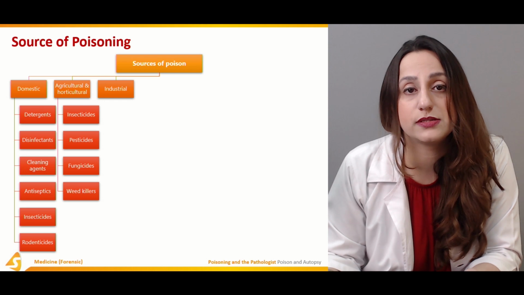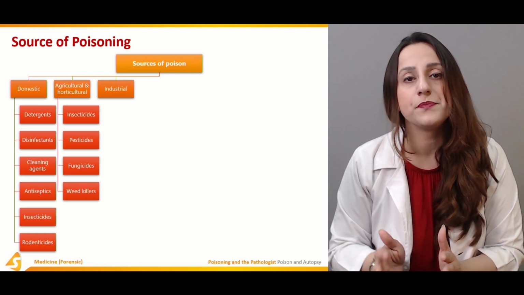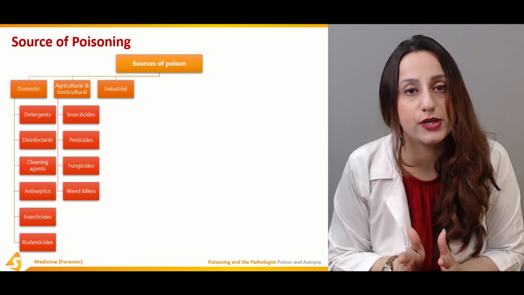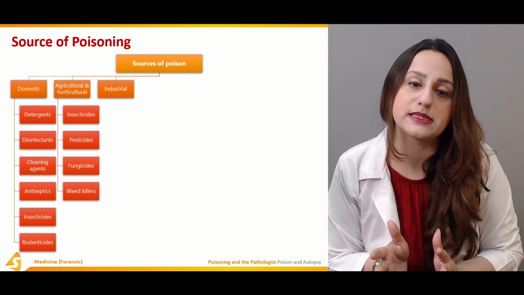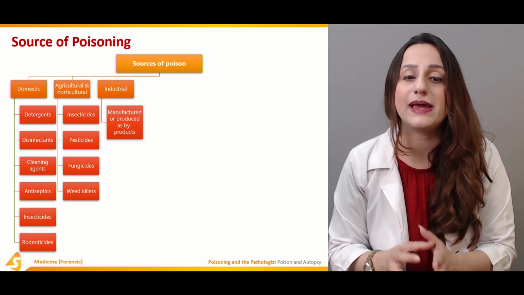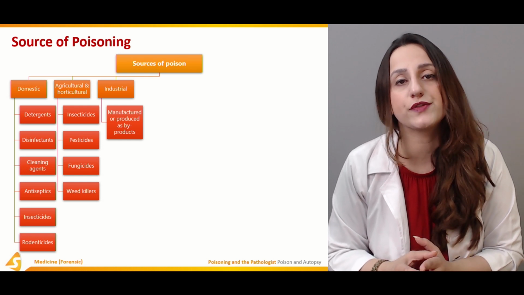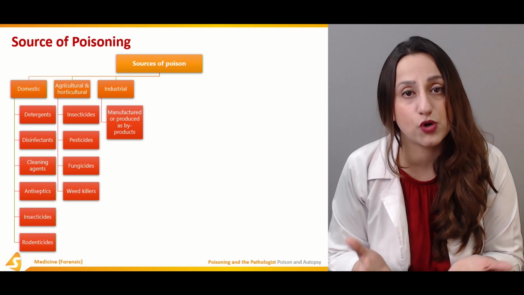Then industrial. Industrial and agrochemical poisons do not have a hard and fast rule between them, and both can sometimes be intermixed. When we talk about industrial poisons, it can be any manufactured or produced products, or even the byproducts of industries.